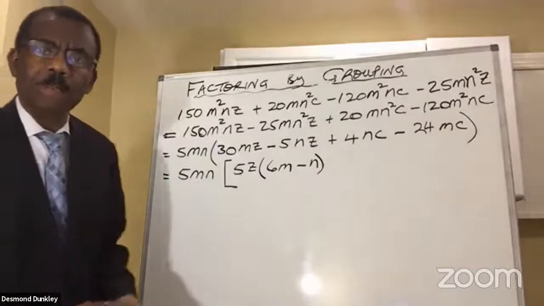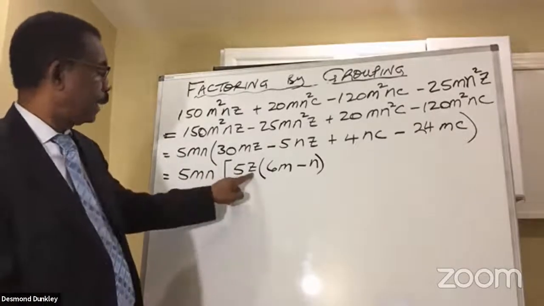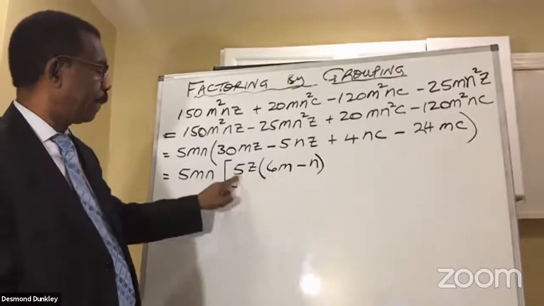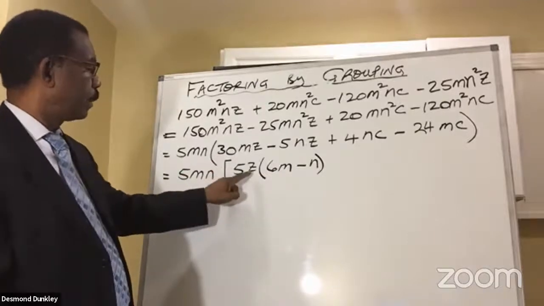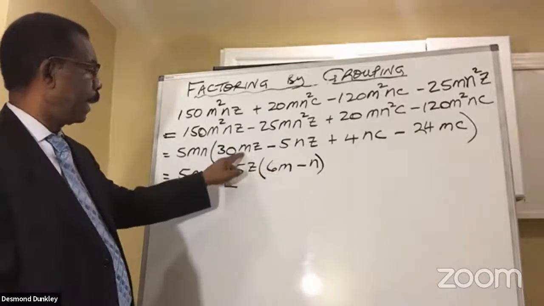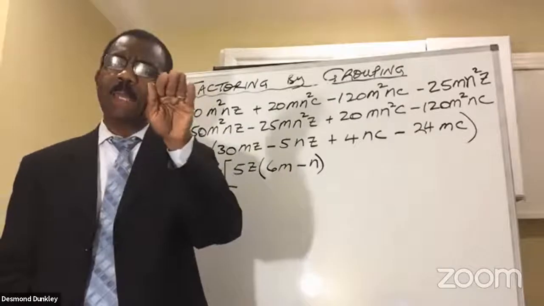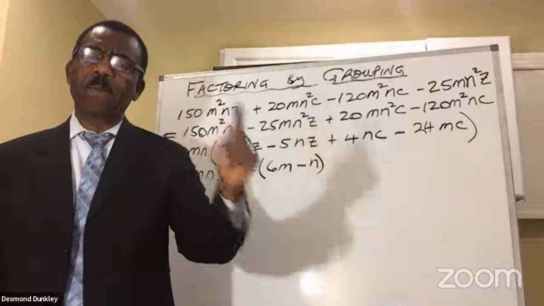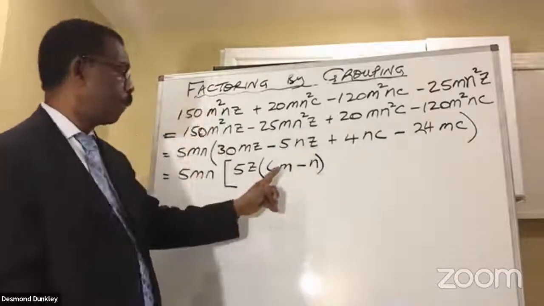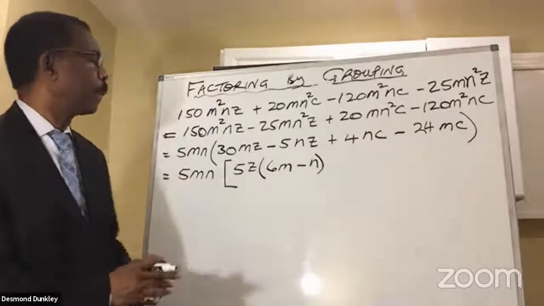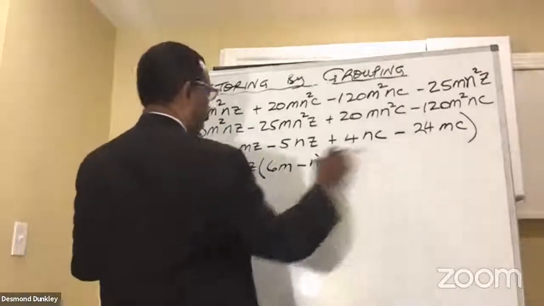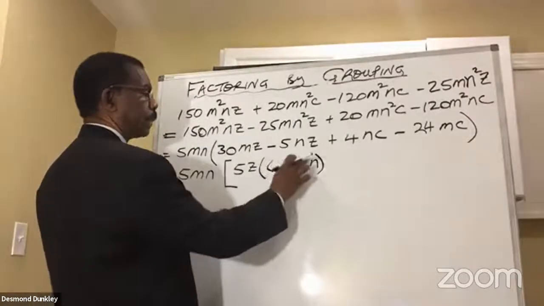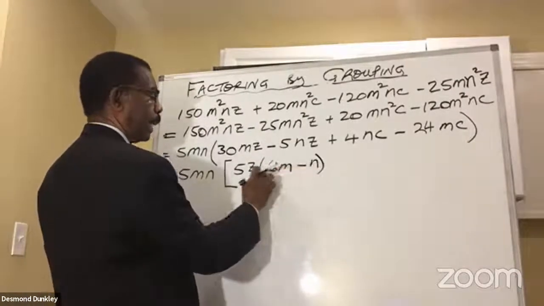Let's double check. 5z times 6m. 5 times 6 is 30. Z times m, mz. Whenever you have letters in the same expression, you put them in alphabetical order. So m goes before z, mz. Let's go over here. Sorry, 5z times negative n is negative 5nz.